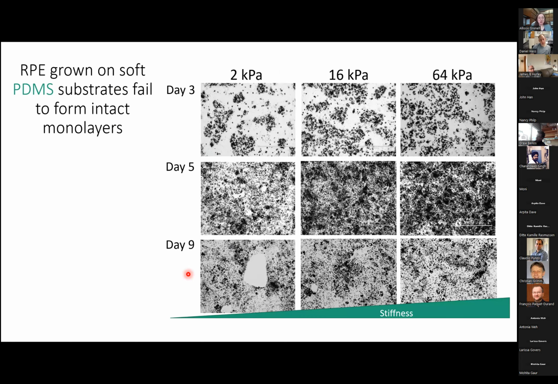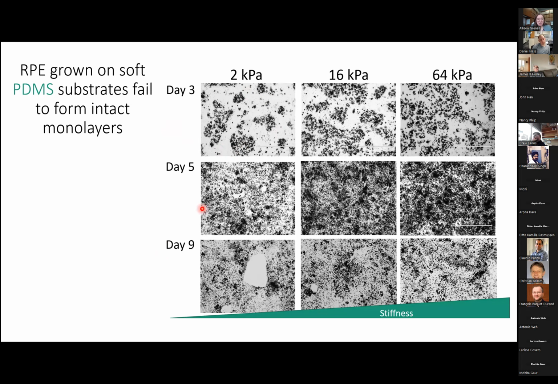Here are images of the cells on the substrate, from the softest to the most rigid, at day 3, day 5, and day 9. I found that at day 3, there were fewer cells on the 2 kilopascals, which corresponds to either a decrease in attachment or growth.